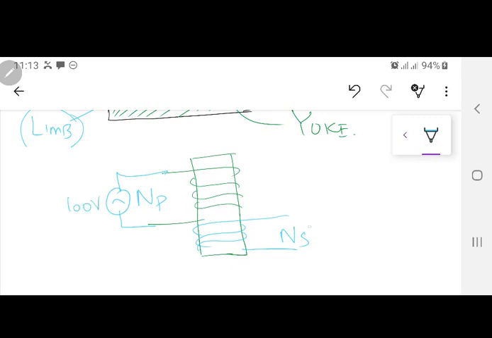What voltage will I get over here? Simple bar, ferromagnetic material, it may be laminations, it may be simple iron. I am not concerned about eddy current losses at present. Will I get something on the secondary side? Yes. And is this a transformer?